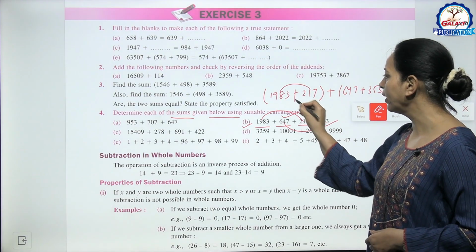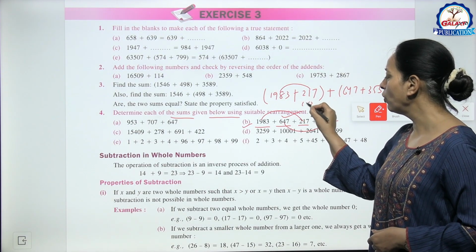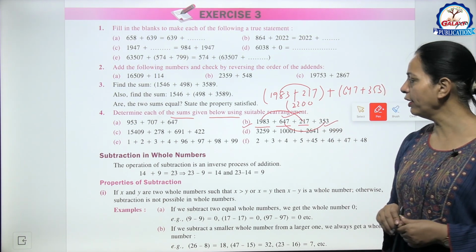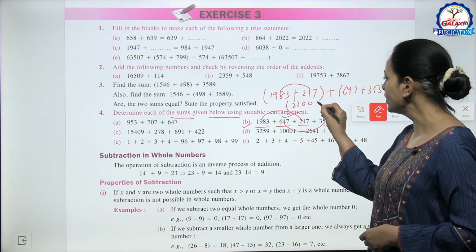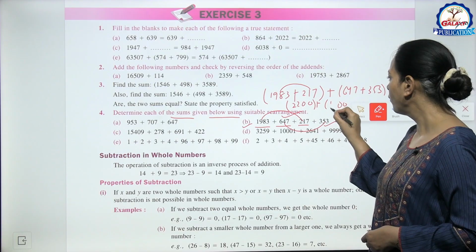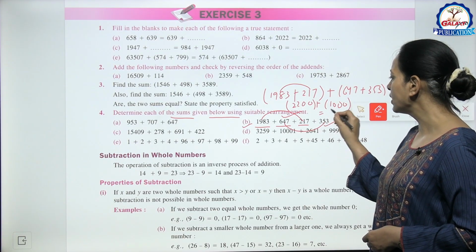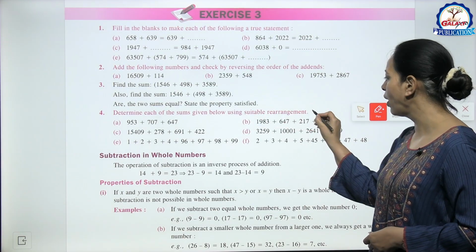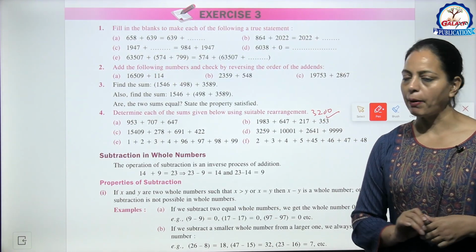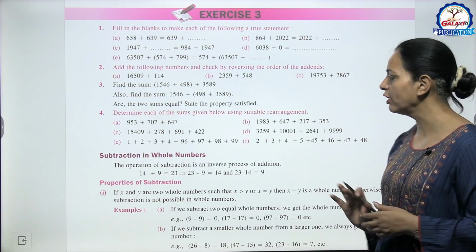Adding these two, what will you get? You will get 2200. Okay, plus adding these two, 1000. So the answer is 3200. Okay, similarly you can try the remaining parts. I hope these are clear to you.